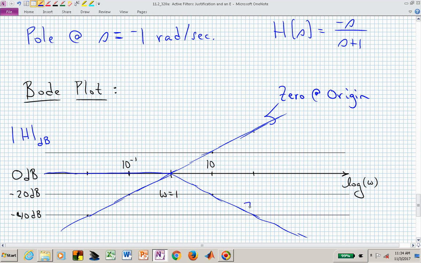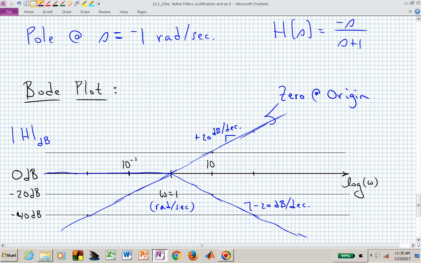So here is our pole component. Here is our zero component. It's going up at plus 20 dB per decade after omega equal to 1.